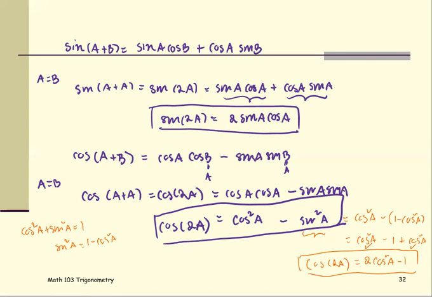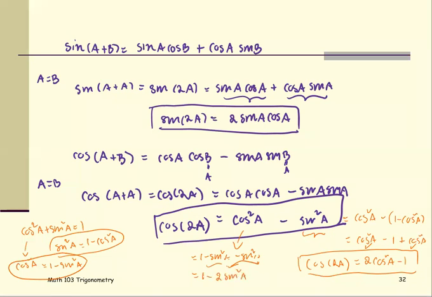Another way, if we solve for cosine squared from the Pythagorean identity, cosine squared A is 1 minus sine squared A. This time we replace the cosine squared A with 1 minus sine squared A. Therefore, we have 1 minus sine squared A minus sine squared A. As you see, we have two terms of negative sine squared A, which simplifies to 1 minus 2 times sine squared A as another form of the cosine double angle.